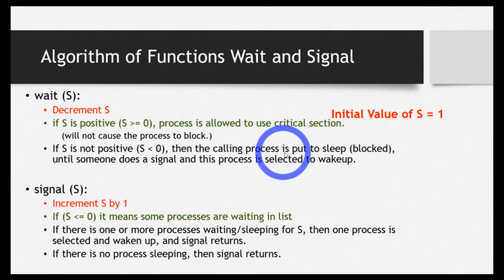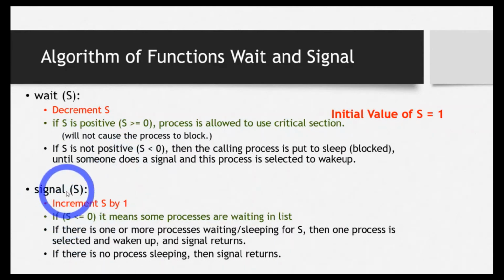Until then, this process is blocked, and after some other process calls the signal function, this process is selected to wake. Now, if you haven't understood this last line, until someone does a signal, ignore it for now and let's understand this signal function. After understanding it, you will understand this line better.